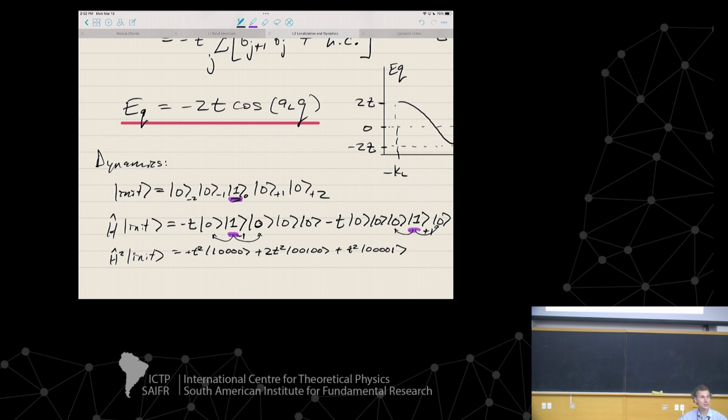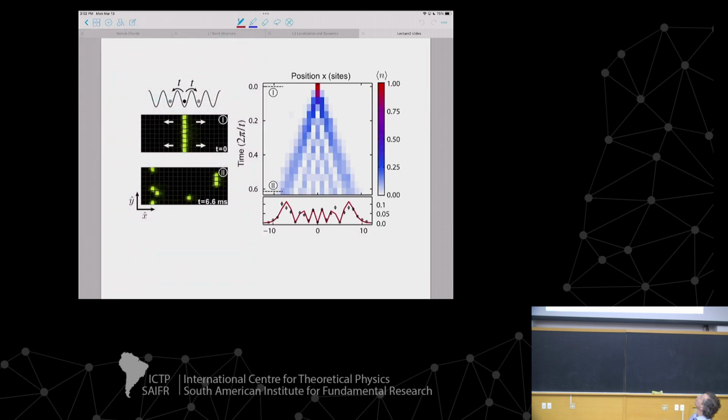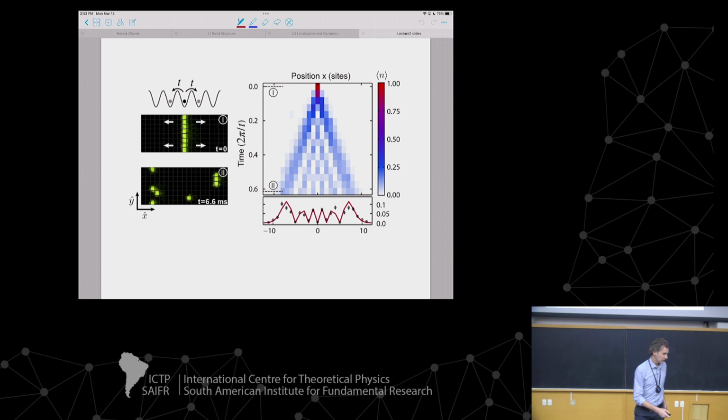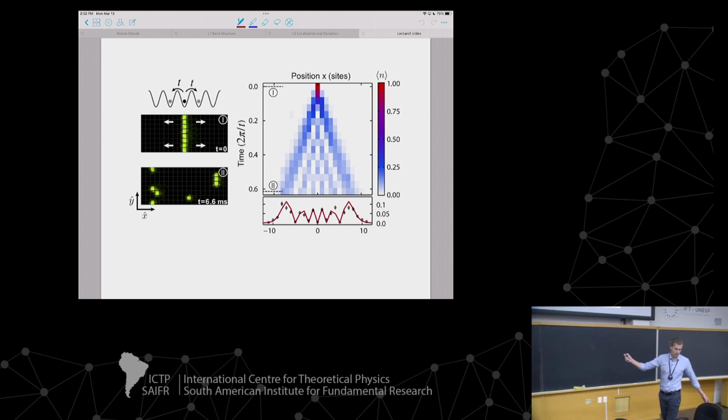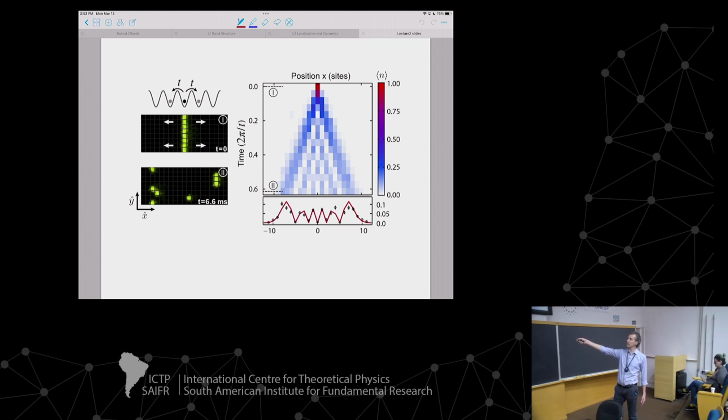So we could keep doing this. And remarkably, someone has. So here is some data from Marcus Greiner's group, where they initialize a line of atoms at the central site, and then they allow the Hamiltonian to proceed. They measure the probability to be in each of these sites. And you can see what we wrote down is just the very beginning here, that there's a probability to go out to the edge, and then there's a little more probability to come in.